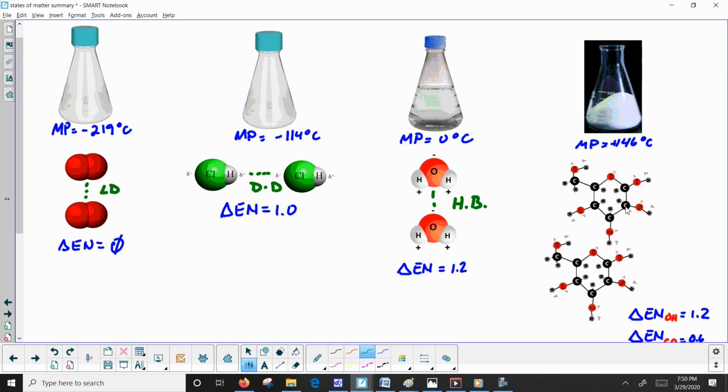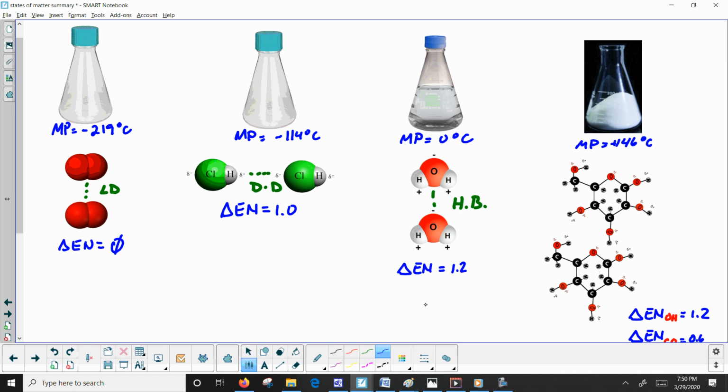And finally, what's going on with sugar? Sugar, the melting point is 146 degrees Celsius. Well, if you look at sugar, it has a lot of oxygen hydrogens in here. And the oxygen hydrogen, just like in water, has a difference in electronegativity of 1.2, giving very high delta positive and partial negative charges here. And because there's so many of these within one molecule, there's a lot of interaction.